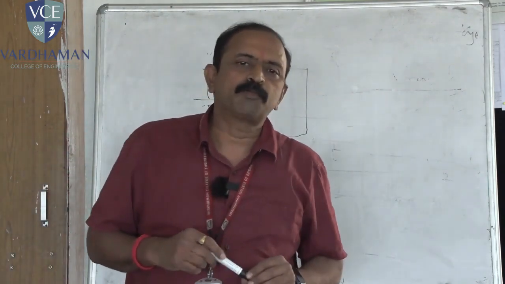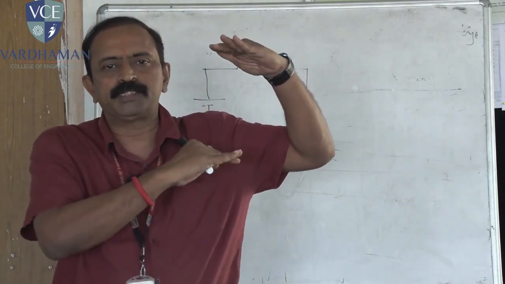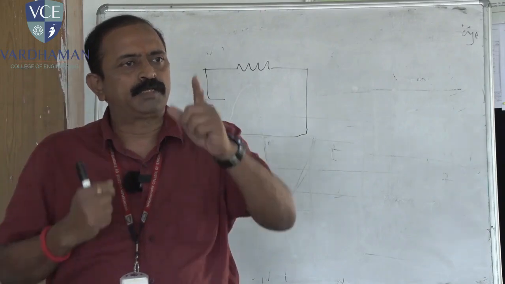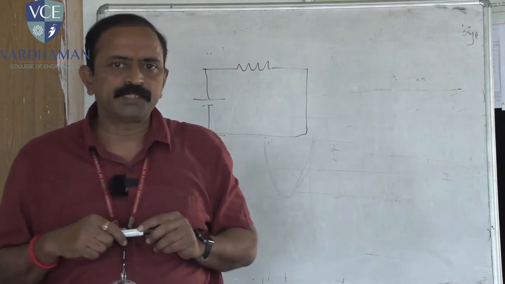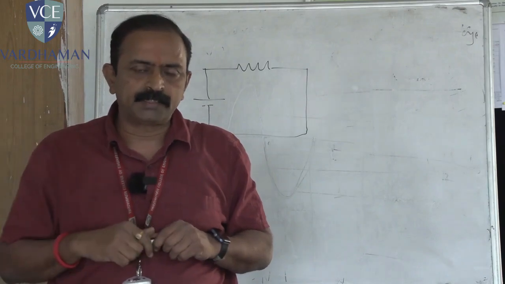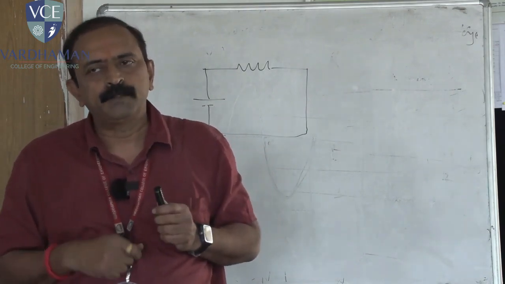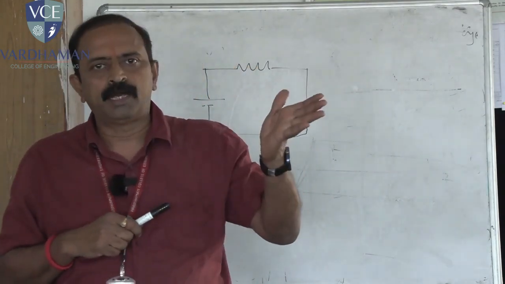And coming to the experiment part, in the BEE lab we have 6 experiments on theorem verifications, and second cycle 6 experiments: 2 experiments on transformer, the open circuit test and short circuit test on a single phase transformer, brake test on separately excited DC motor, brake test on self-excited DC motor, brake test on 3-phase induction motor, and open circuit test on alternator.